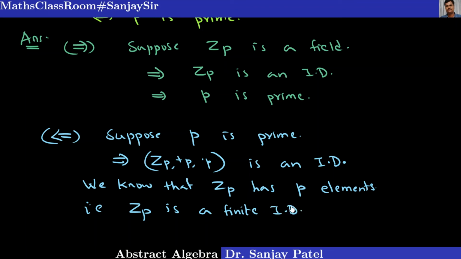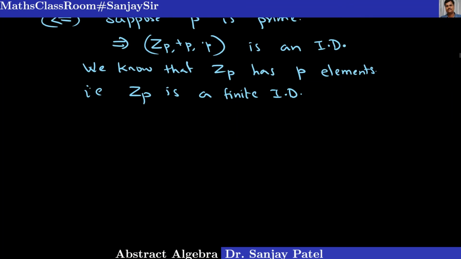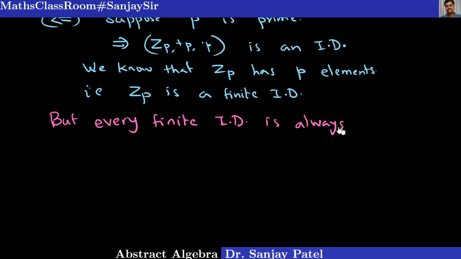And we have proved a theorem that every finite integral domain is always a field, and hence Zp is a field. Remember, this is subject to the fact that p is prime. So thus, another interesting problem: Zp is a field if and only if p is a prime number.